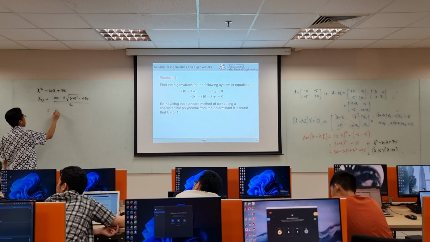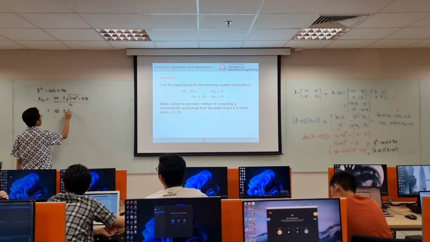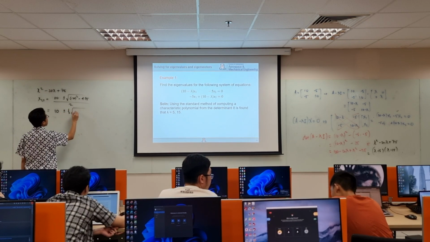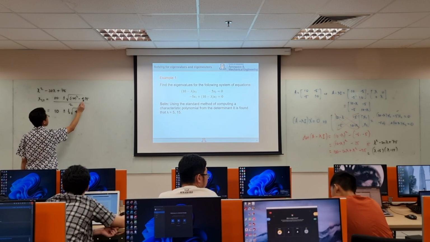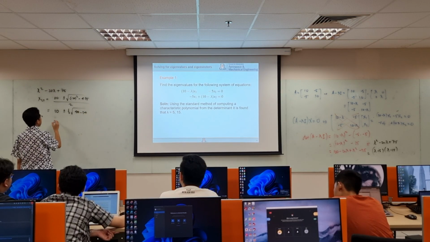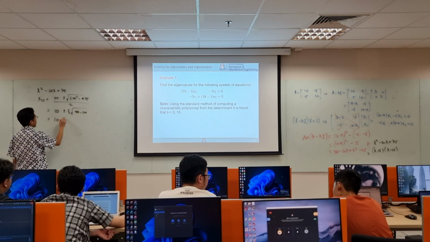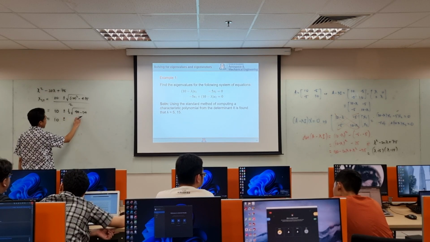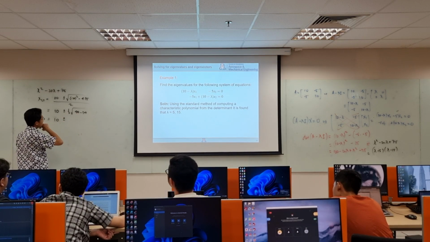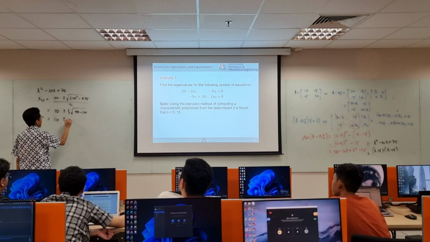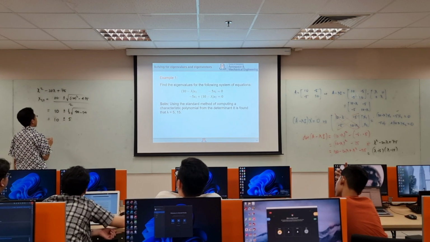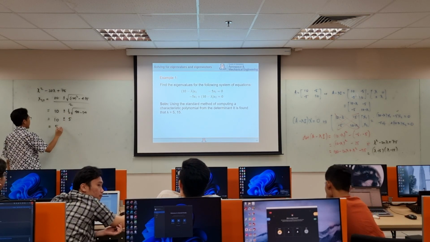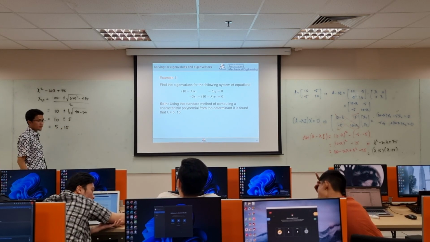So we have 10 plus minus half of the square root of 400 minus 300, which is plus minus half times 100. 10 times half is 5. So we have 5 and then 15 in this case.